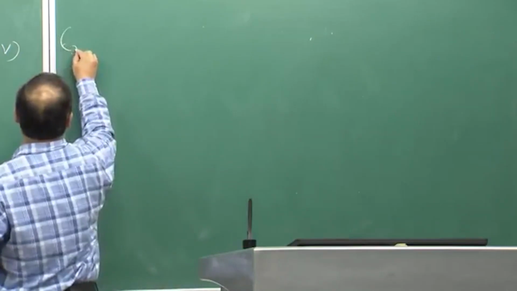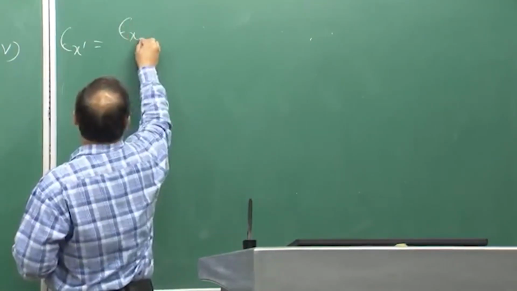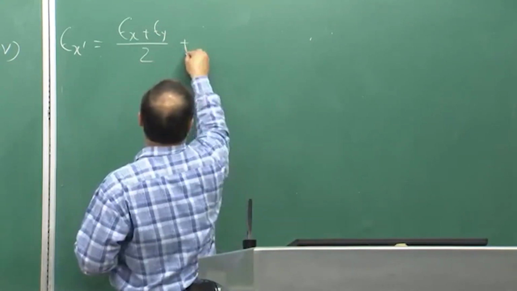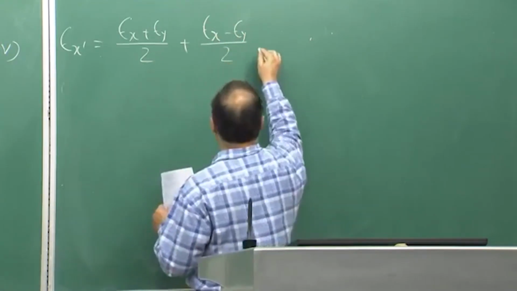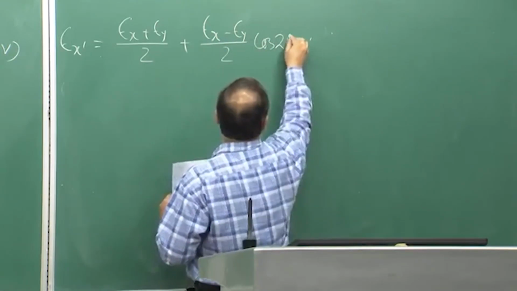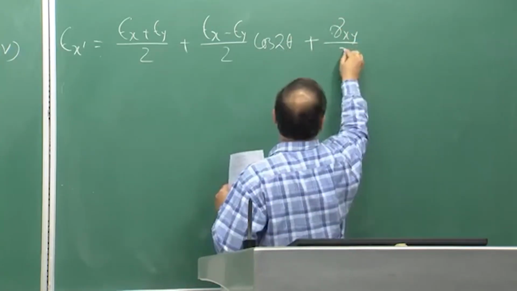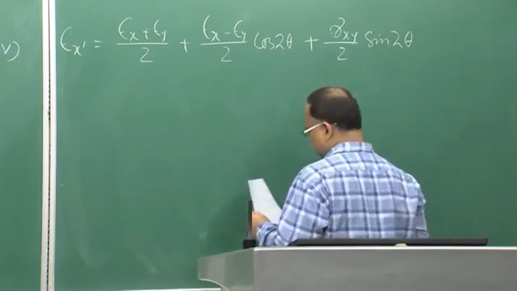So, we will be simply getting epsilon x prime is equal to epsilon x plus epsilon y by 2 plus epsilon x minus epsilon y by 2 cos 2 theta plus gamma x y by 2 sin 2 theta.